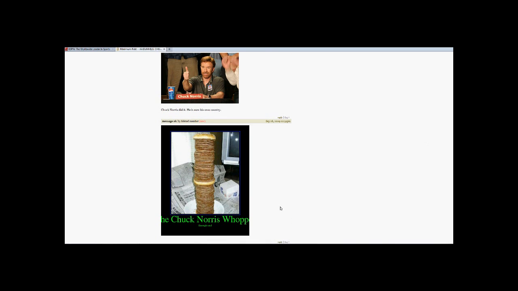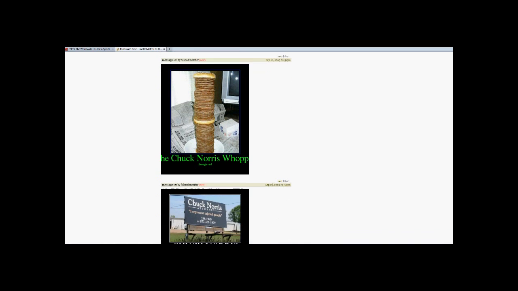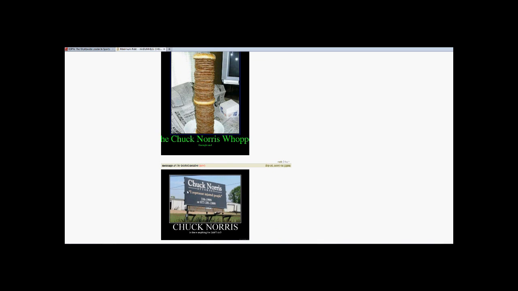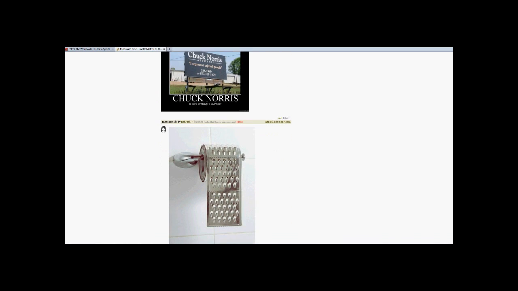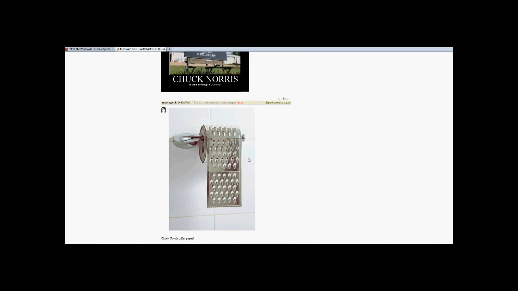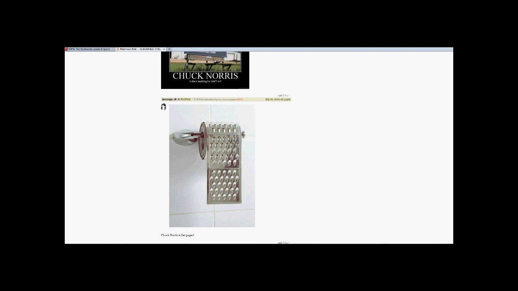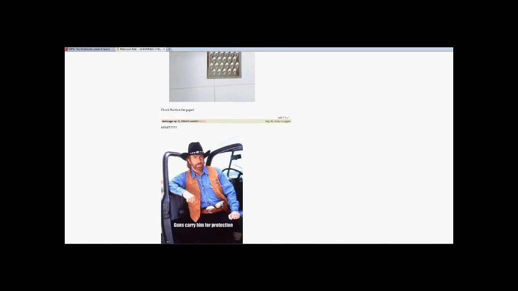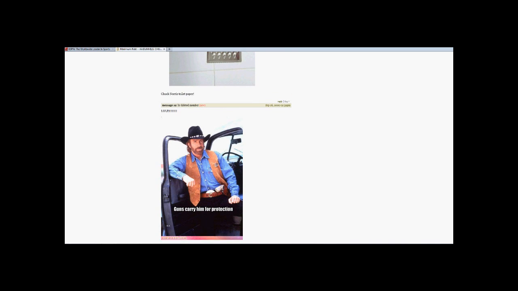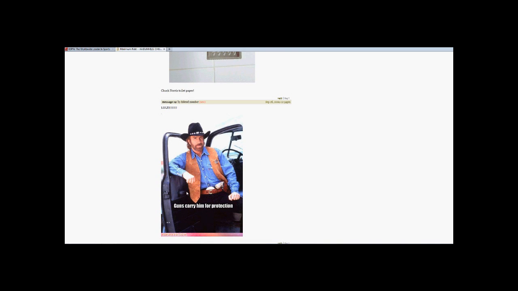From there, we've got the Chuck Norris Whopper. Well, we can't see it all, but again, I'm going to use context clues to assume that that does say Whopper. We've got the Chuck Norris Attorney. It must be someone else named Chuck Norris. Not really that funny. That one doesn't really amuse me. This is Chuck Norris's toilet paper. That is, in fact, a roll of cheese graters. Laugh if you want, kind of gross. Here's a classic one. This is one of the first Chuck Norris facts, if I remember right. Guns carry Chuck Norris for protection.